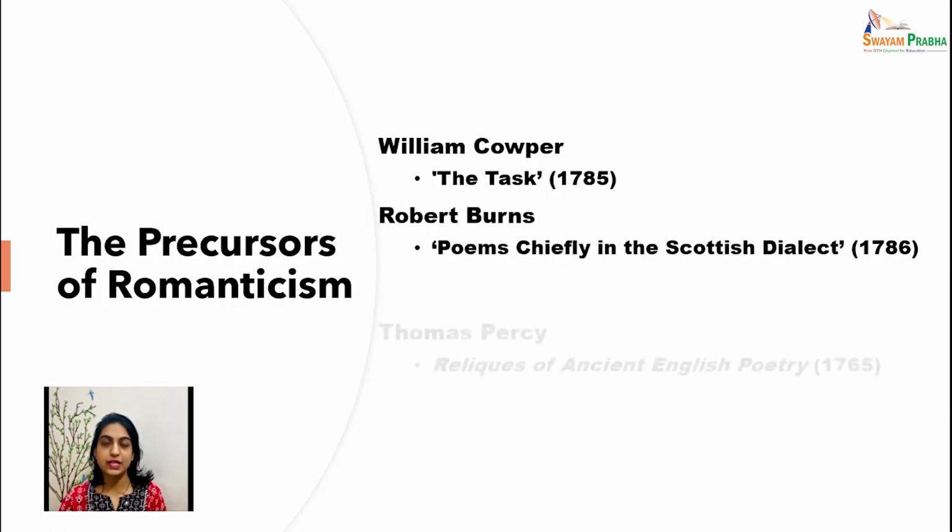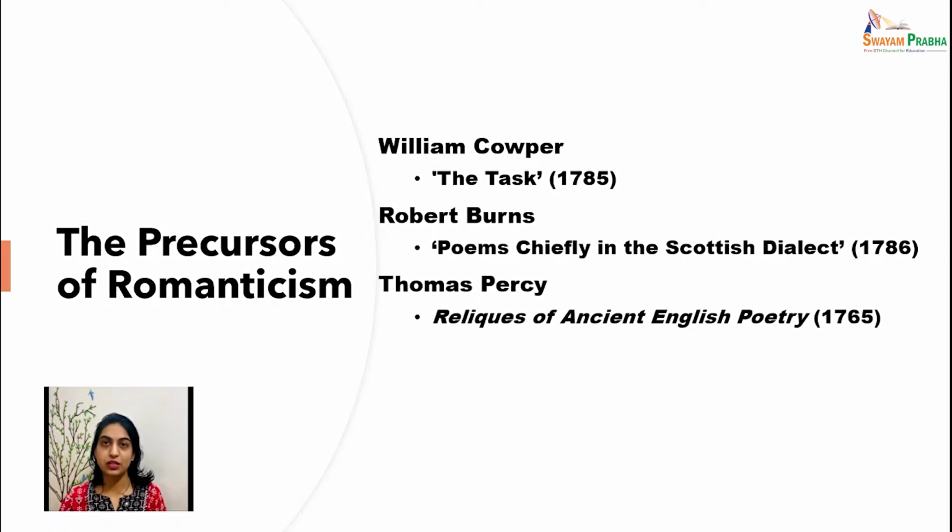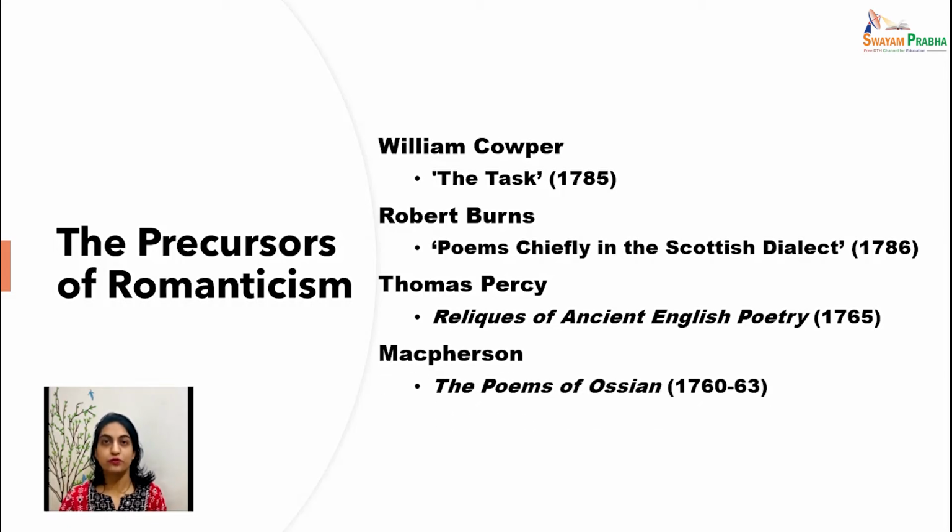Thomas Percy's Reliques of Ancient English Poetry, which was also a collection of ballads, and Macpherson's The Poems of Ossian are also considered among the representative works of the age.